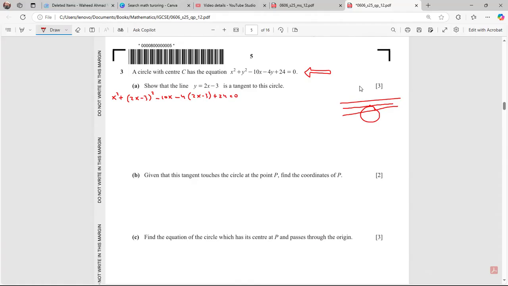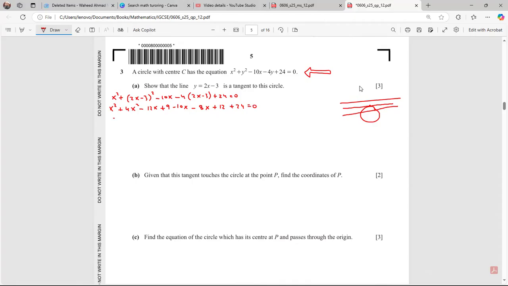Okay, let's expand this. So x squared plus 4x squared minus 12x plus 9, minus 10x, minus 8x plus 12, plus 24 equals 0.